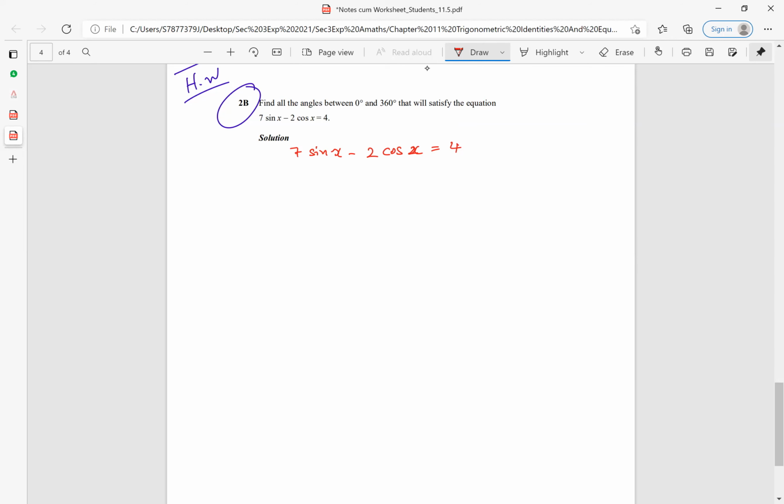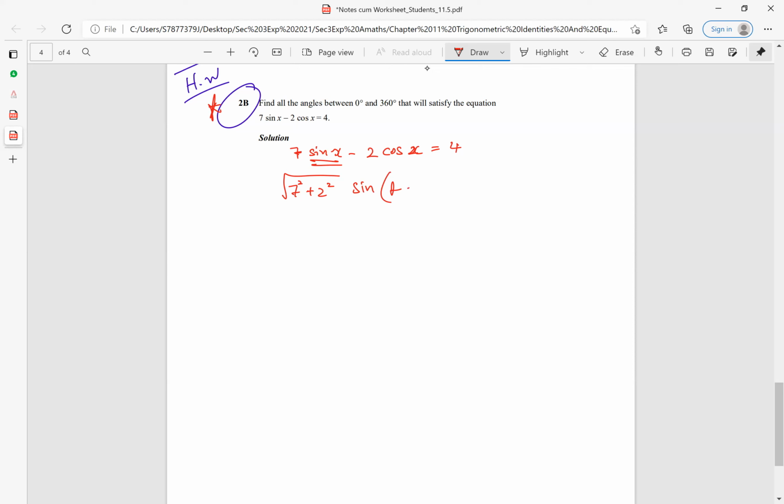So this is a common type of question that they like to ask. So if you have these, what you need to do is convert these to the R formula itself. So the R formula states that this one is square root of 7 squared plus 2 squared, equal to sine theta.